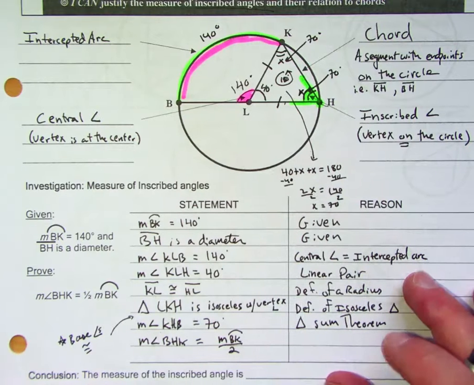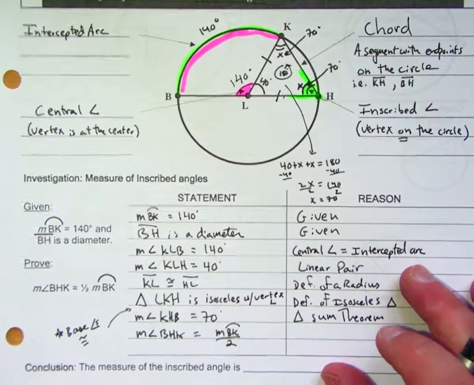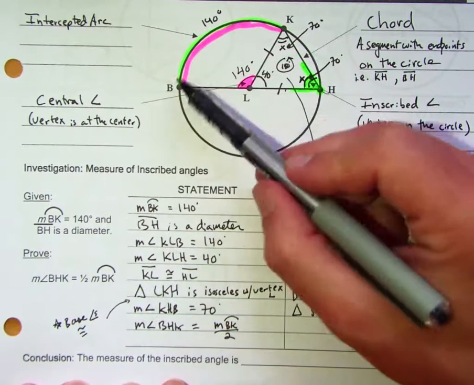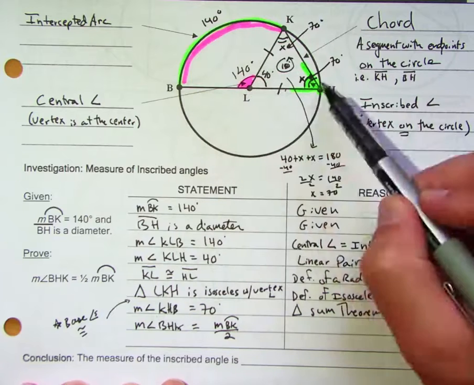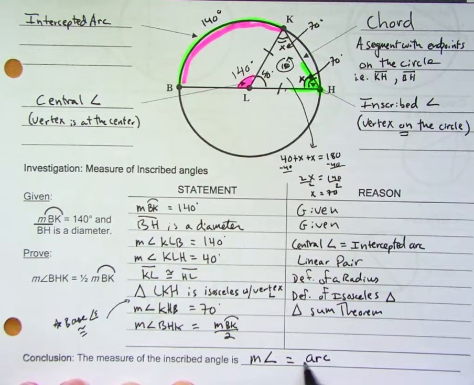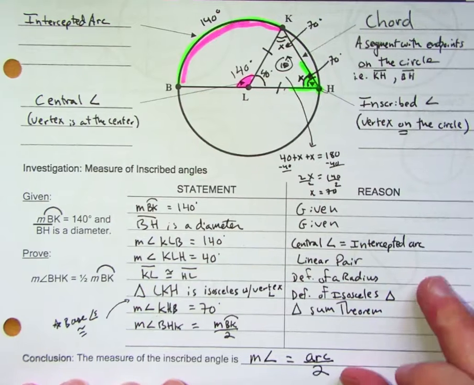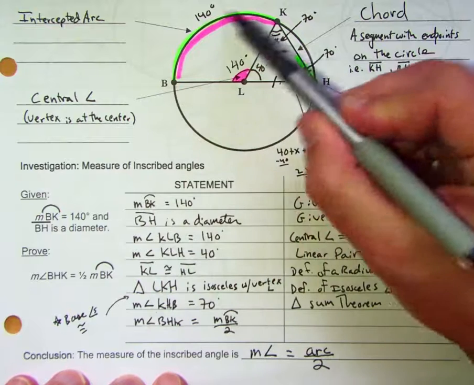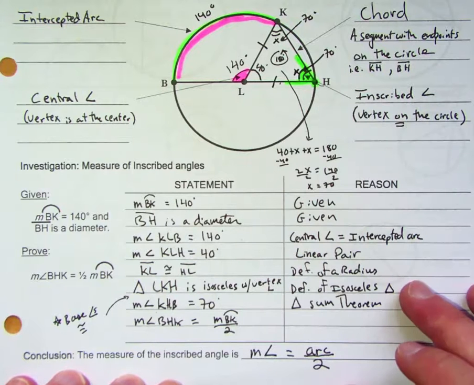Half of 140 is going to be 70. So the major conclusion we want to get from this is that for the inscribed angle, its intercepted arc, if you take half of it, you get that angle. So the measure of the angle is equal to the arc divided by 2. That is our new relationship.